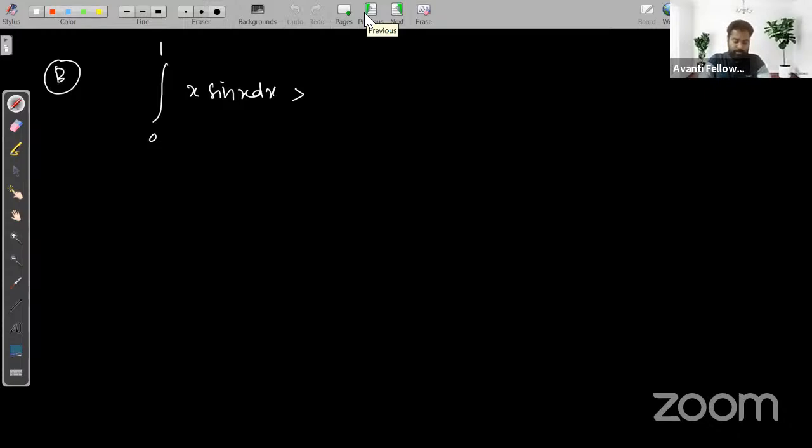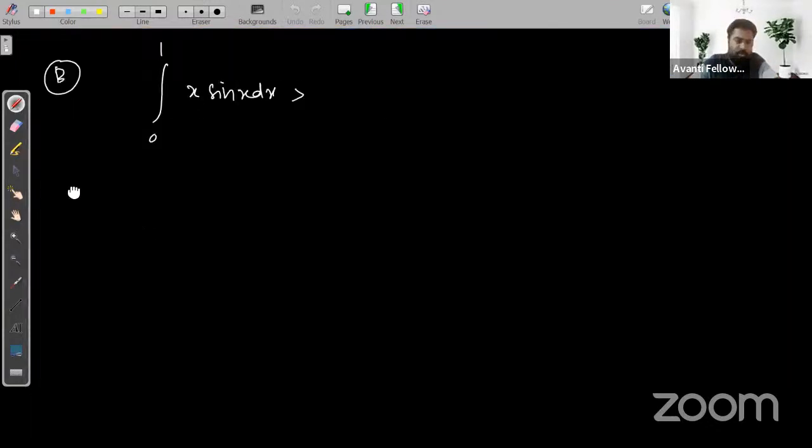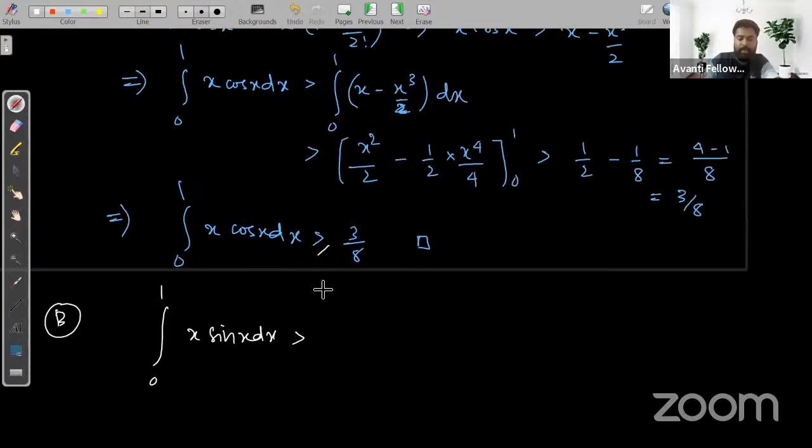Yes, this is given as greater than or equal to, so similarly here also we can take greater than or equal to, no problem. Just rectify this: in all the cases you have to take greater than or equal to.